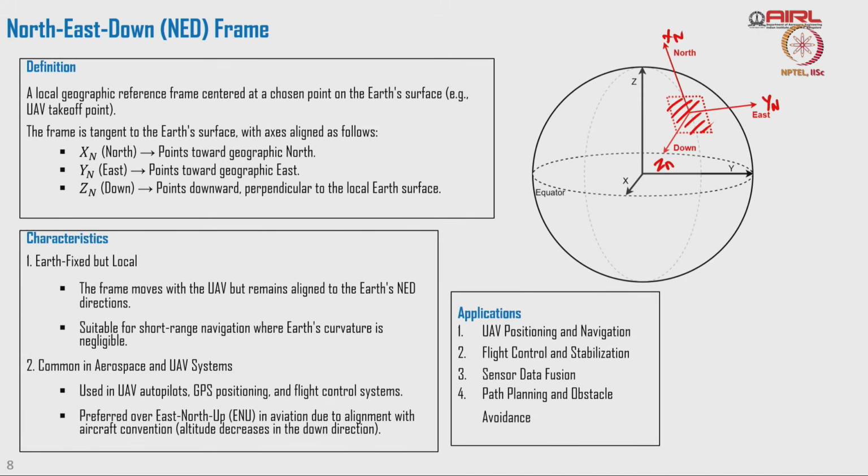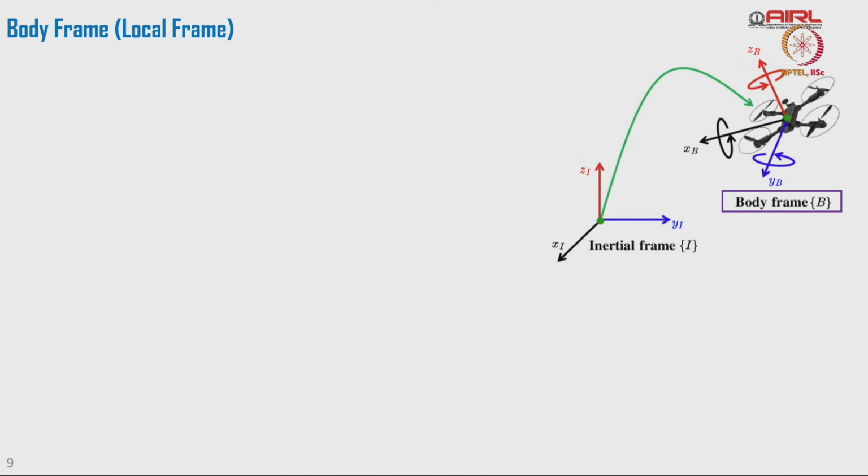NED is preferred when you talk about position or navigation of a UAV. It is also used in flight control systems, basically when we talk about point to point navigation, or about stabilization, right. What is the attitude or orientation it has to maintain with respect to the frame of reference? Path planning, obstacle avoidance, on all these we use the NED frame of reference.